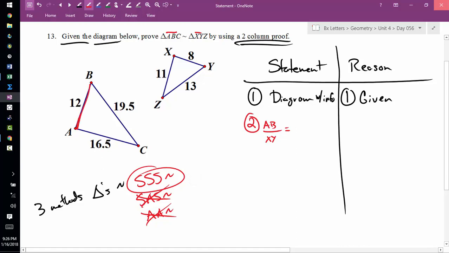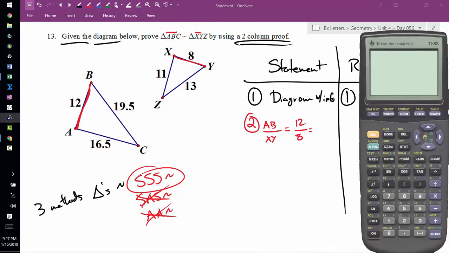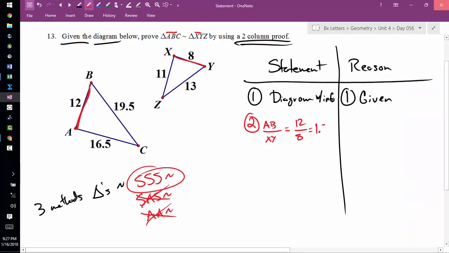And side AB is 12, and side XY is 8. If I type that into the calculator, 12 divided by 8 is 1.5. And my reason for doing that is the ratio of sides. Technically corresponding sides, but you can get away with that.